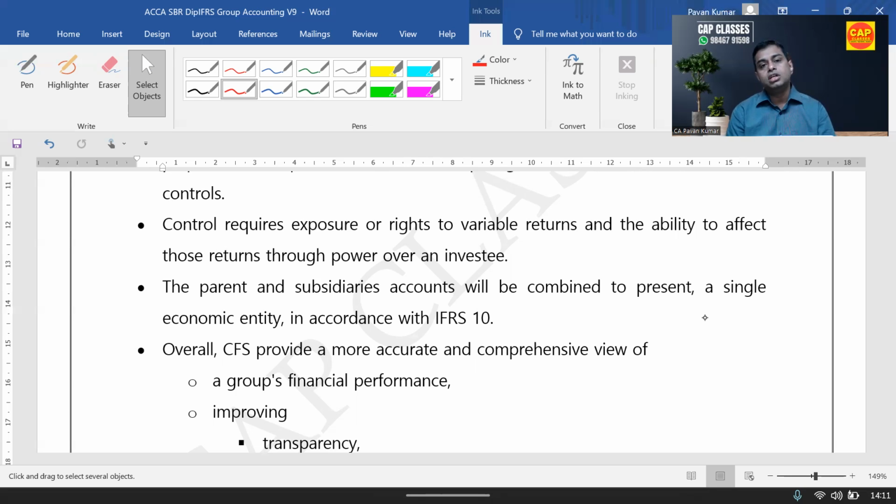The contract says that whoever is going to be the director in Reliance Jio, a subsidiary company, the parent company will appoint the directors of the subsidiary. The parent company will remove the directors of the subsidiary. So if your directors' collar is in my hand, obviously your collar is in my hand. Try to understand, if your company's directors are in my hand, your company is in my hand, no?